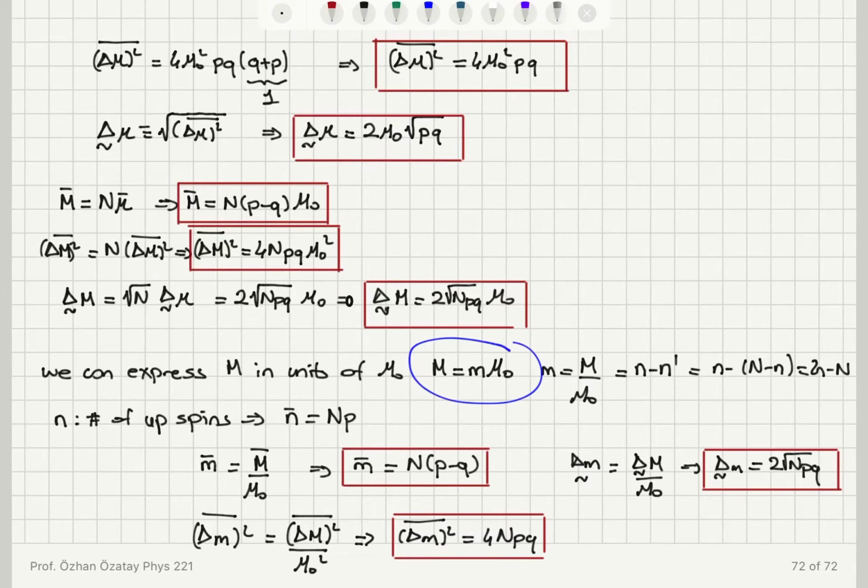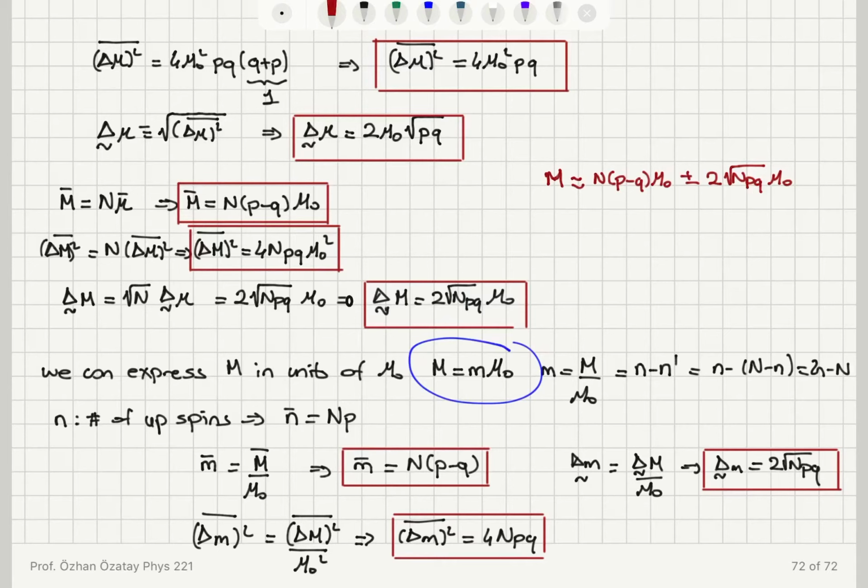I will find that capital M values will most likely be in the range N times p minus q mu 0 plus or minus 2 square root Npq mu 0. That's the meaning.